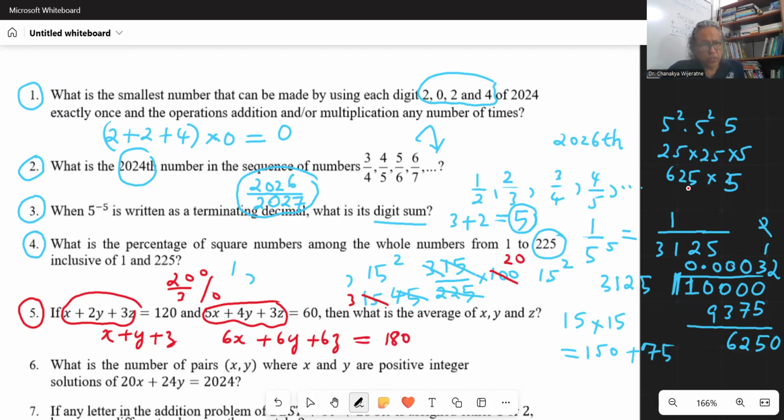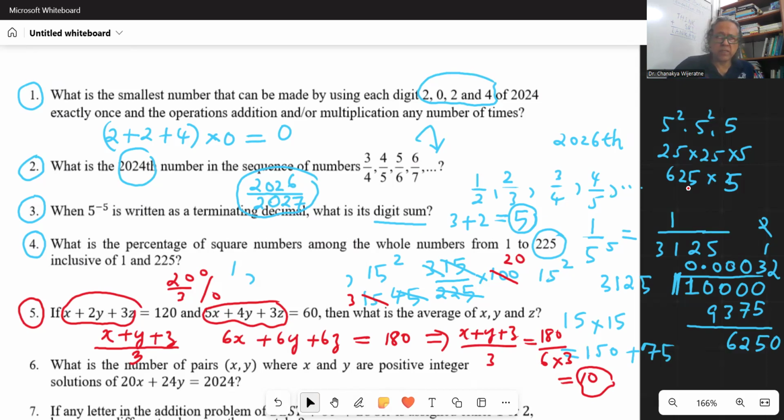And then what we want actually is this divided by 3. So this average is equal to 180 over 6, which is 10. That's a nice number. The average of x, y, and z is 10.